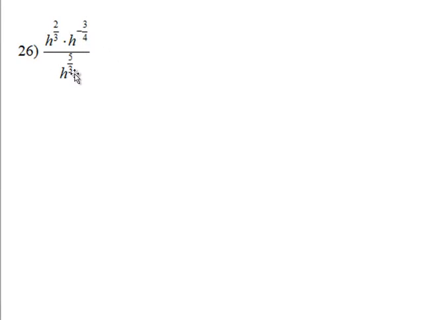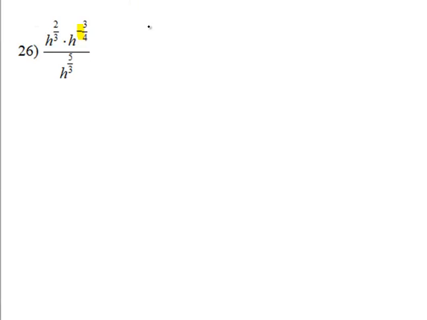I want you to think about taking this very slowly and doing it step by step and looking for the easy ways. So first thing I'm going to notice is I have a negative exponent. What does that tell me? It says make me a reciprocal.